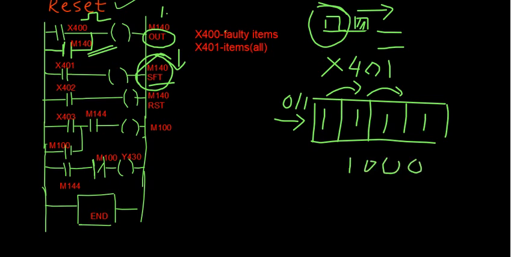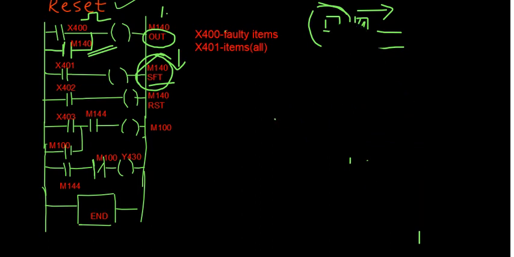healthy, right? Now your X402 is basically a reset mechanism here. Please check how many times your X402 is appearing in this diagram. It appears only once. Whenever you want to have the reset, only then would you have the input from your X402.